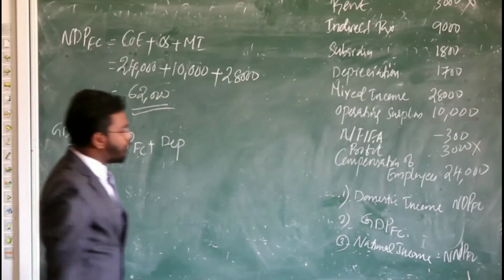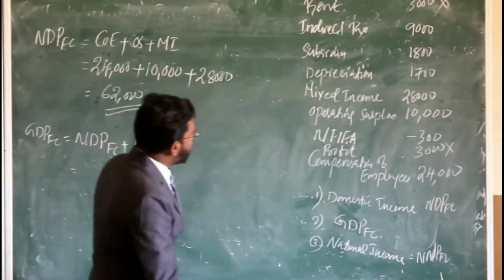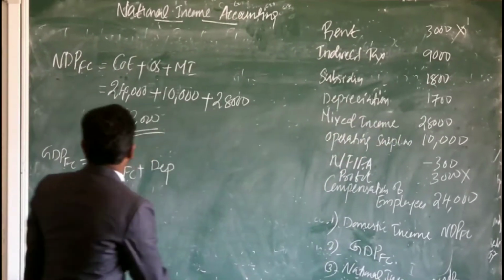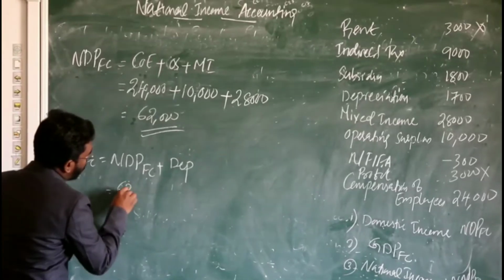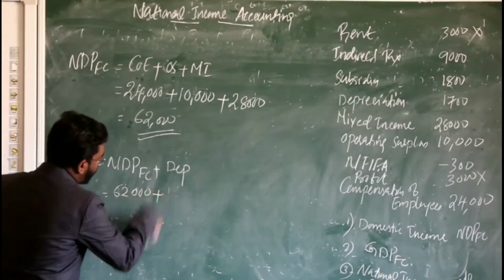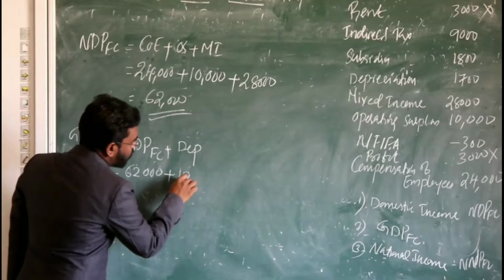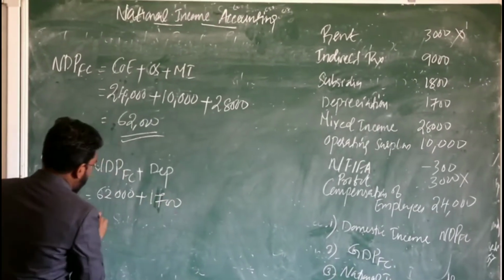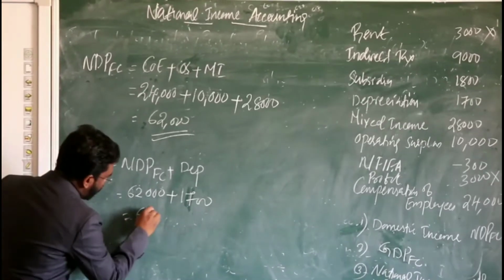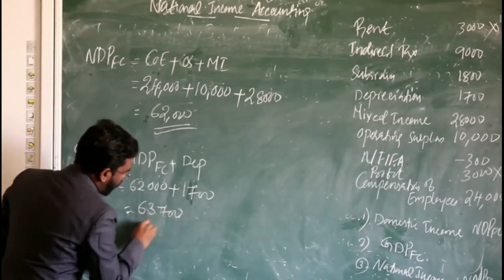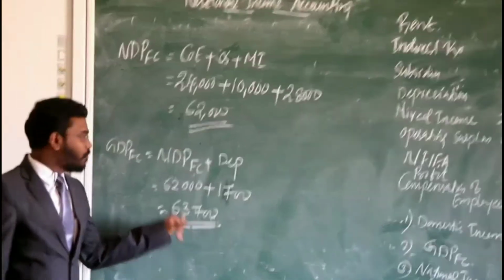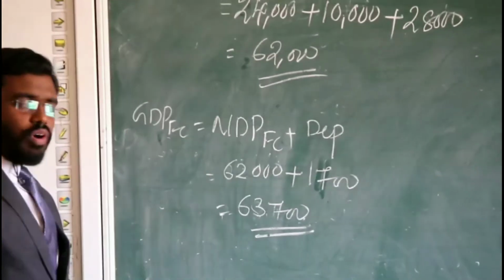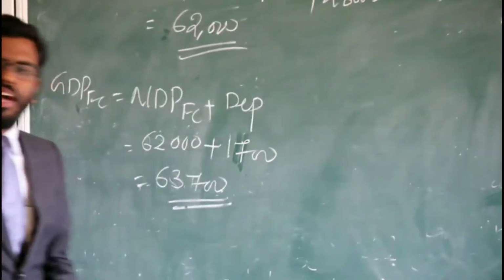Depreciation is how much? Depreciation is 1,700. Then NDPFC 62,000 plus 1,700 is equal to 63,700. So this is our GDPFC.